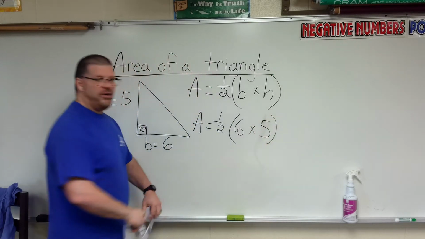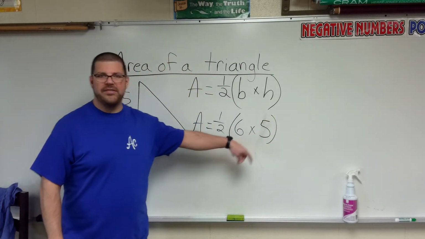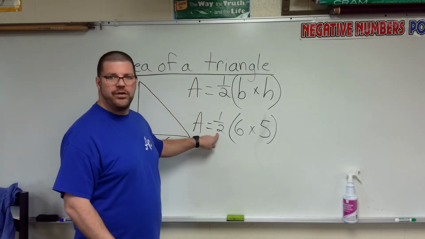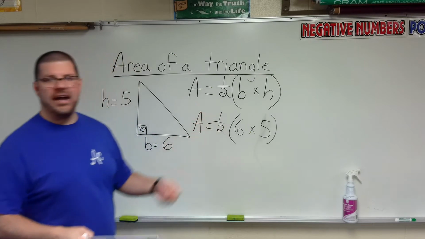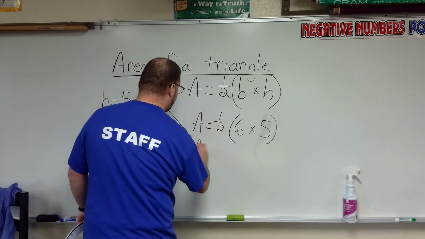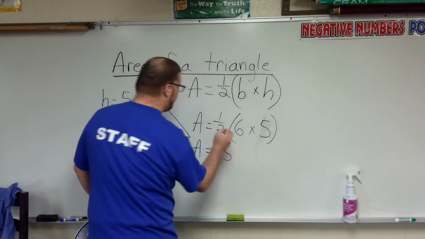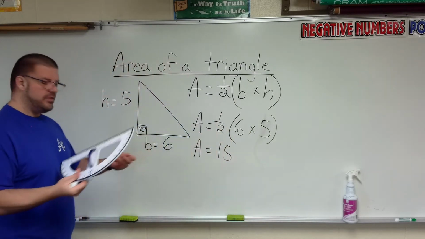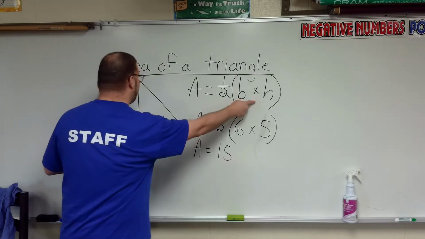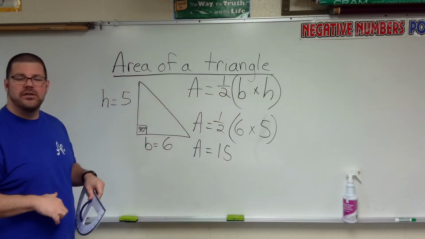Now, 6 times 5 is 30. And think, what's half of 30? Well, half of 30 is 15. So the area of this triangle is 15. Okay? Again, it's just finding the base, finding the height, and then dividing it by 2.